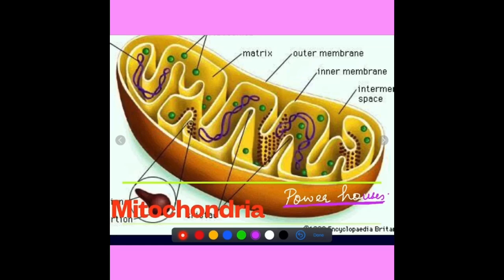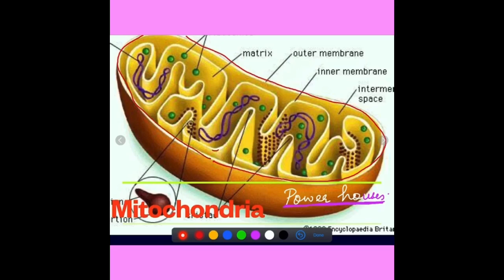Let us see the structure of this mitochondria. What do you see here? What is this part? Of course, this is the membrane. Which membrane? This is similar to the plasma membrane. We are studying these membrane bound organelles. So this is the outer membrane. You can see that it is regular and it is porous. But what about the inner membrane?